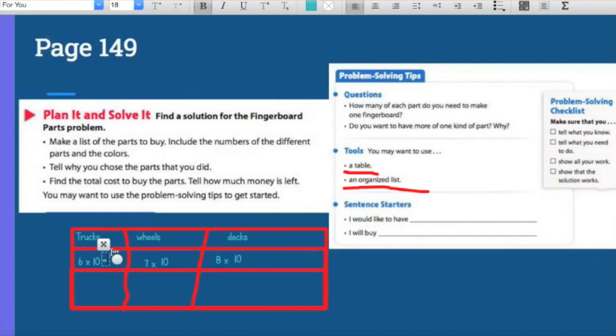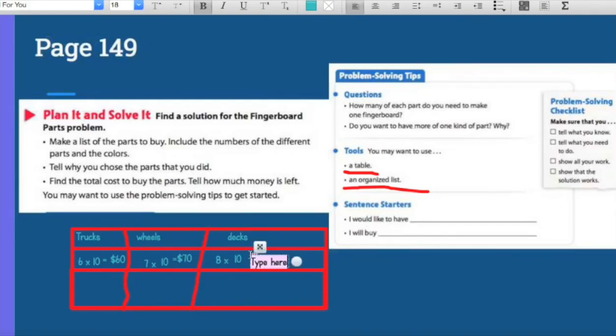So 6 times 10 is $60. That would be on trucks. Let's look at the wheels. 7 times 10 is $70.